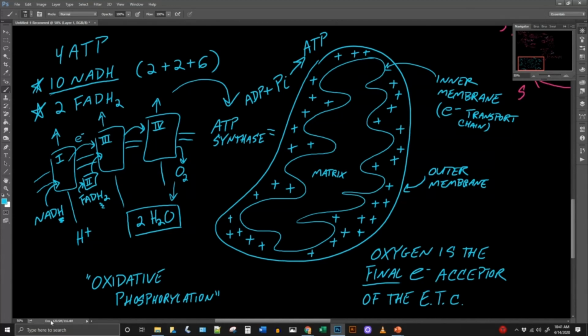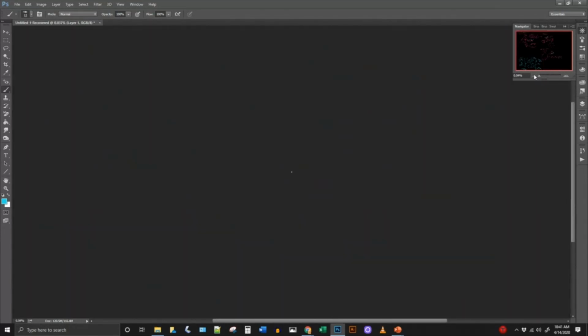Okay? It's the final electron acceptor. All of these protein molecules, these complexes, these enzymes here, they're electron acceptors. They're having electrons added to them and they're accepting them, but they're not the final one. Oxygen is going to be the final electron acceptor. That's where those hydrogens and electrons end up at the end, is on oxygen, and that's why we make water out of this process.